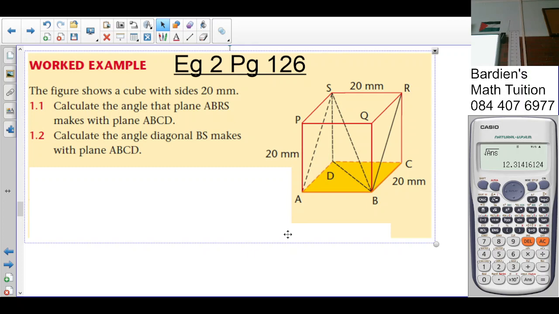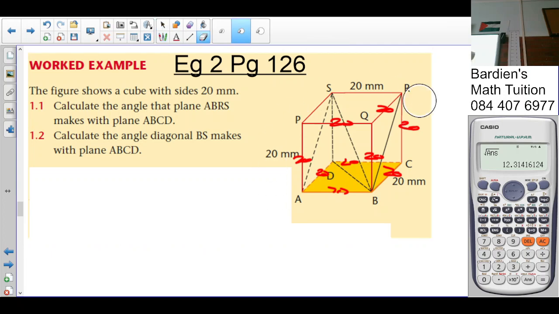So all of this is 20. 20, 20, 20, 20. Okay. You guys get the idea, no? All lengths being 20 millimeters.